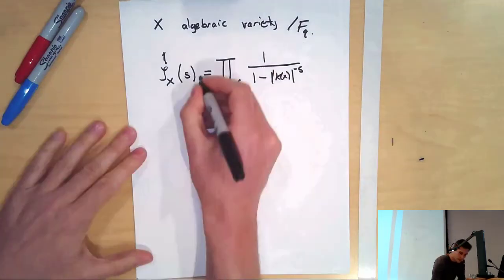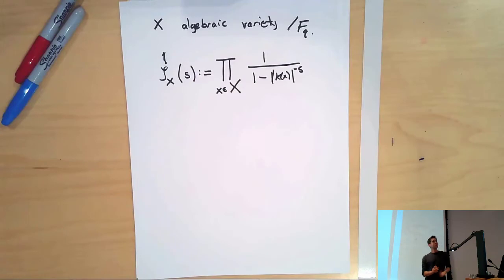So this is some generating function which contains information about the number of points that your variety has with values in various finite fields. It contains the same information as the number of points that X has with values in FQ, FQ squared, FQ cubed, and so forth, and it packages this information in a useful way.